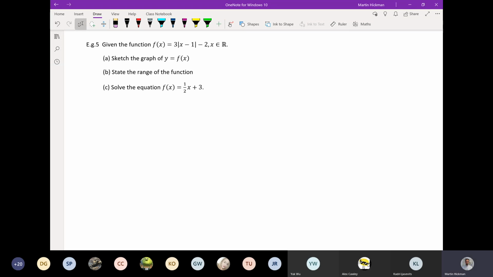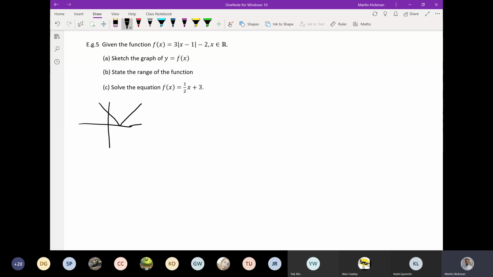Now I'm going to start off with this example 5 here. We're given this function 3 times the modulus of x minus 1, and then take away 2. We're going to sketch that graph first. I would do this in stages. Firstly, I would just draw what the modulus of x minus 1 looks like.